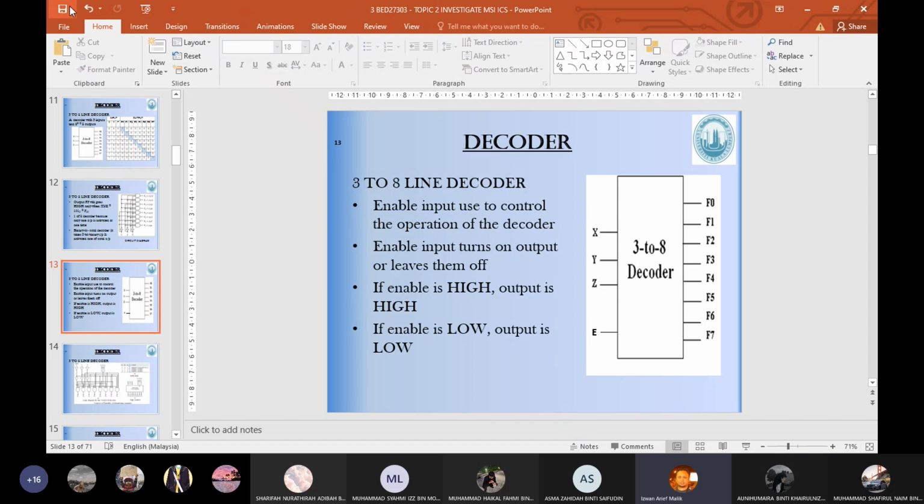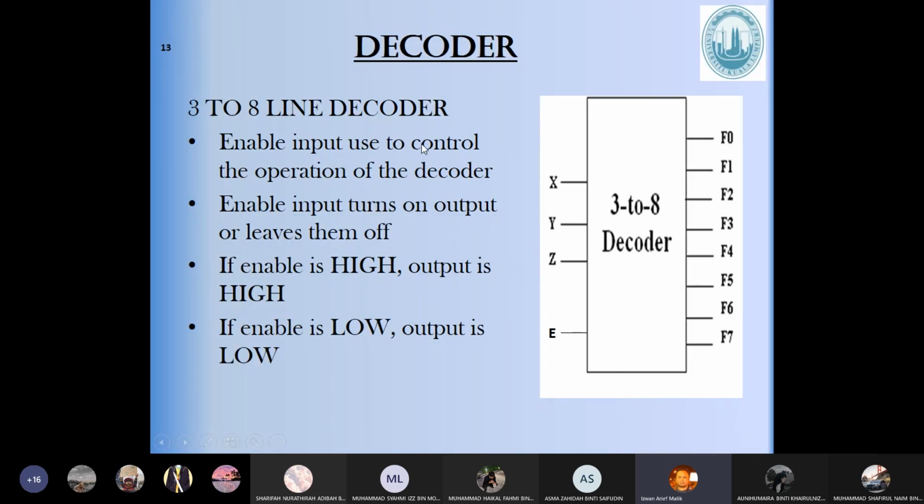Alright. So this is the block diagram of a 3 to 8 line decoder with enable input. So same with 2 to 4 earlier, 2 to 4 decoders with enable or 2 to 4 decoders only. Just now we looked at 3 to 8 and 3 to 8 decoders with enable.